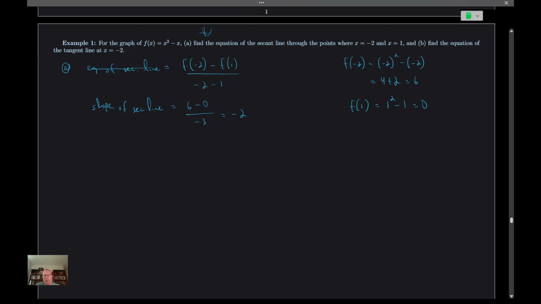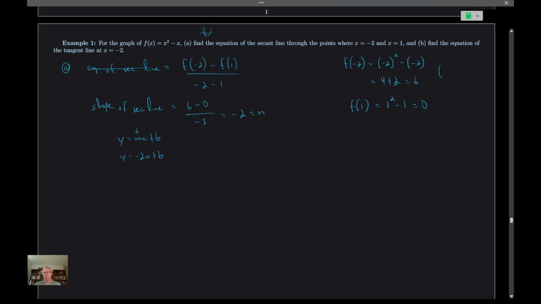Now, how do you get the equation? Well, the equation of a line, we all know, is y equals mx plus b. So we know the slope, that's going to go right there, and so we have y equals -2x plus b. We need to figure out what the b is. The way you figure out what the b is, you plug in one of these ordered pairs.